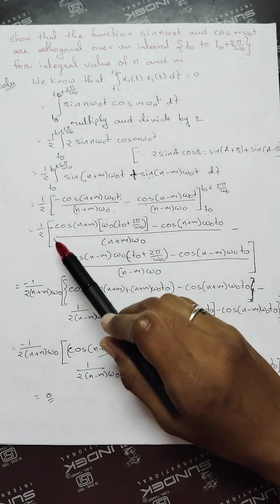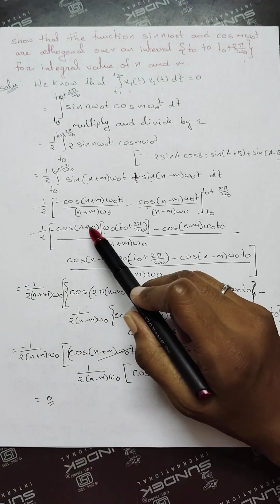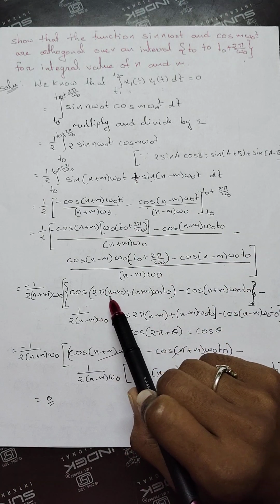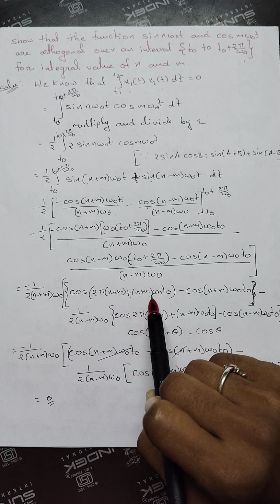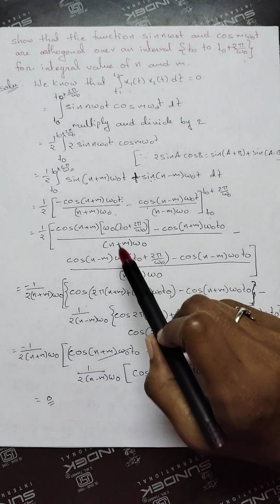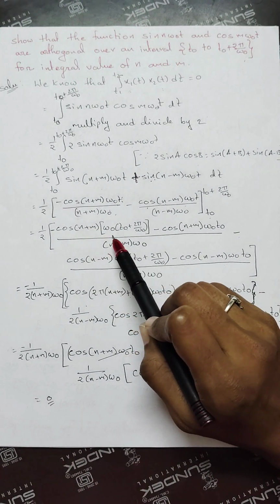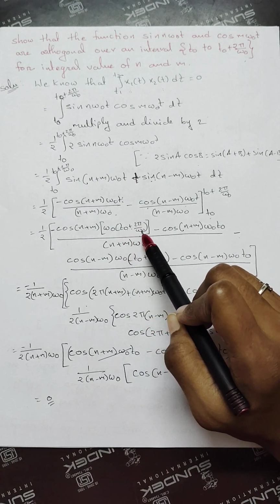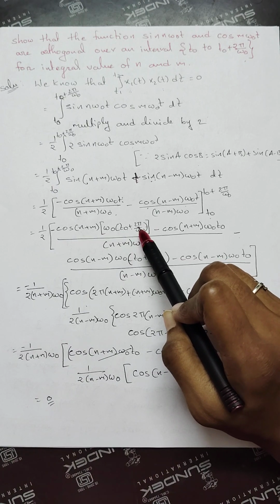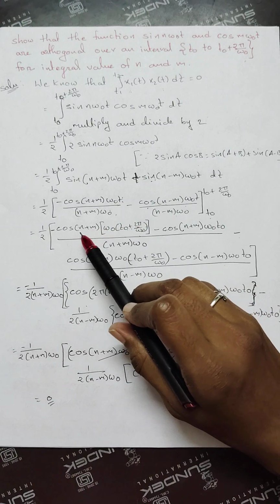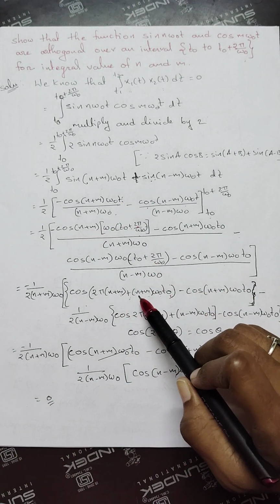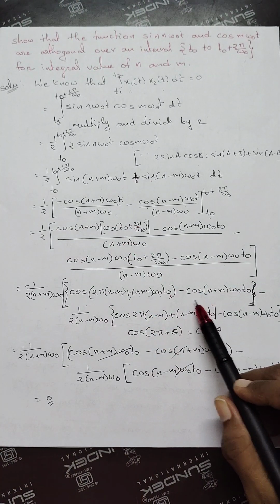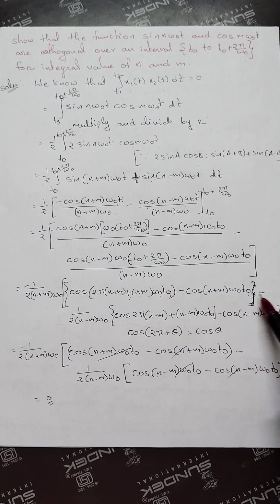In the remaining part, minus is also common: cos of (n plus m) omega naught t naught plus 2 pi by omega naught. Multiplying these, the omega naught cancels and we get 2 pi, that is 2 pi (n plus m) plus (n plus m) omega naught t naught, minus cos((n plus m) omega naught t naught).